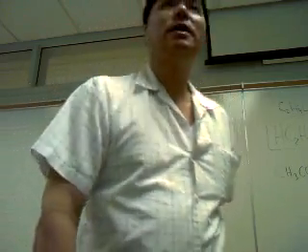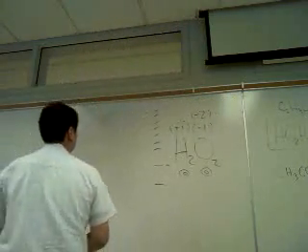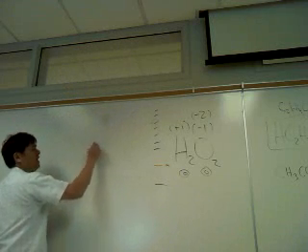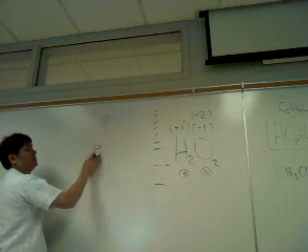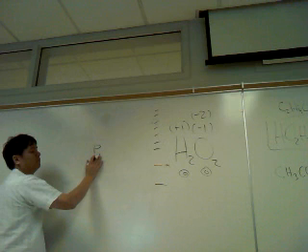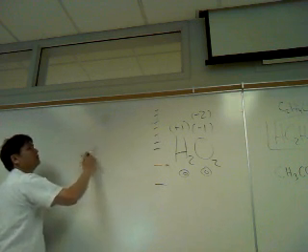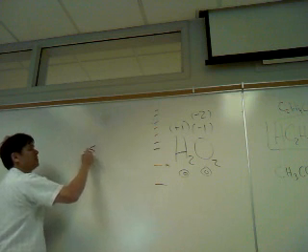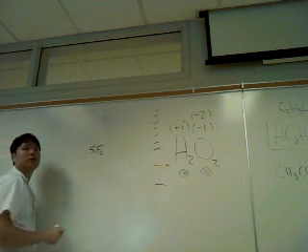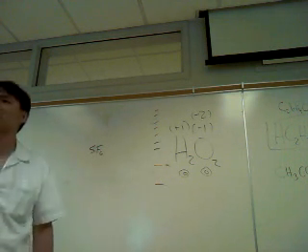One of the limitations is this. When we have something with an expanded octet, let's go to PCl6, or let's do SF6. I think that was the example they used in that chapter, SF6.